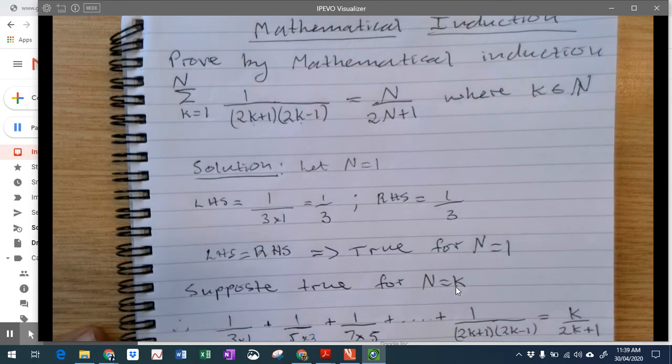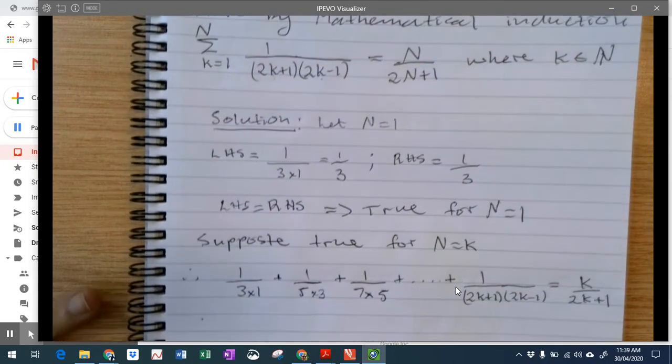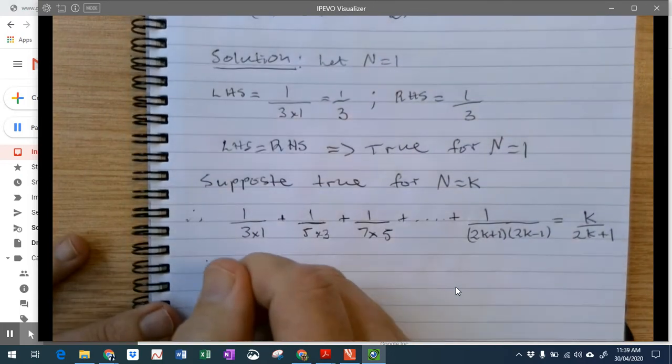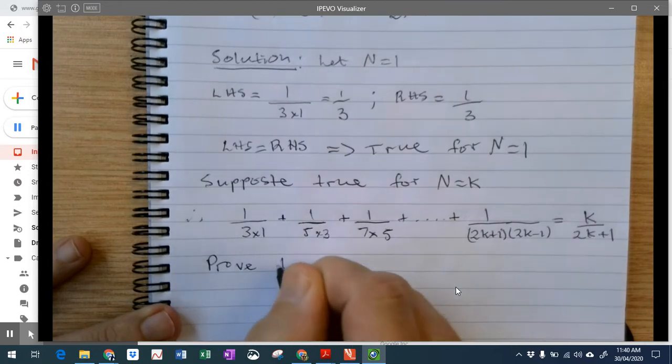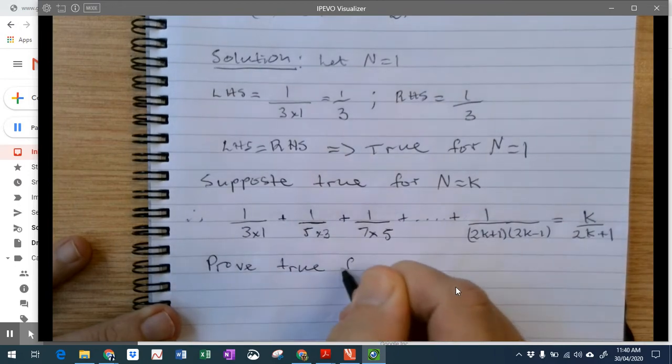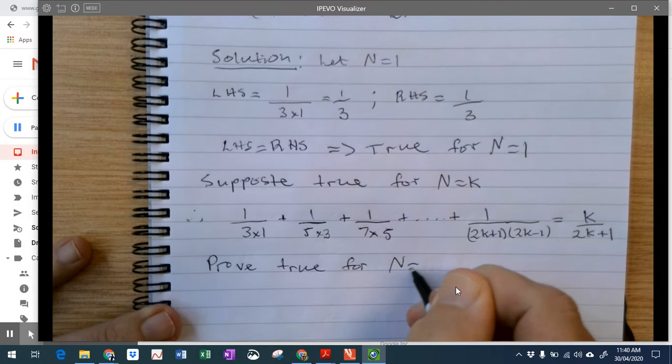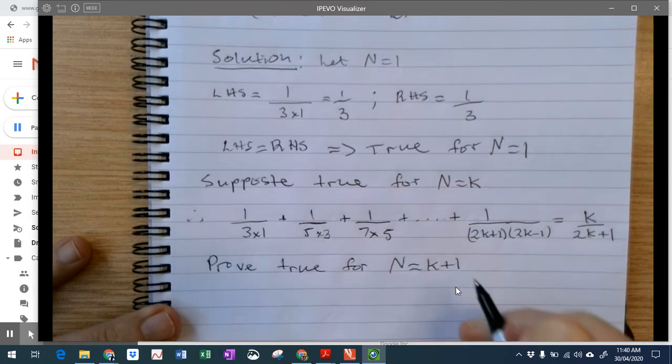All right, now we've got to prove true for n equals k plus 1.